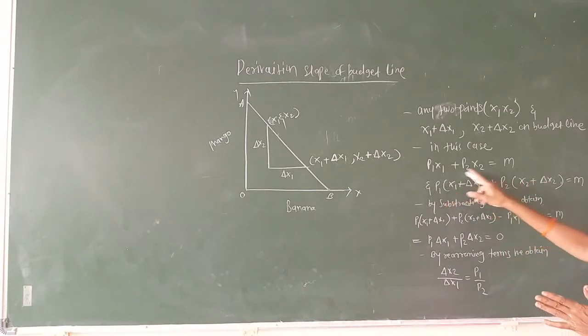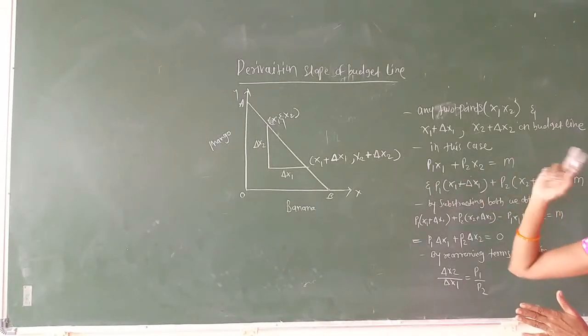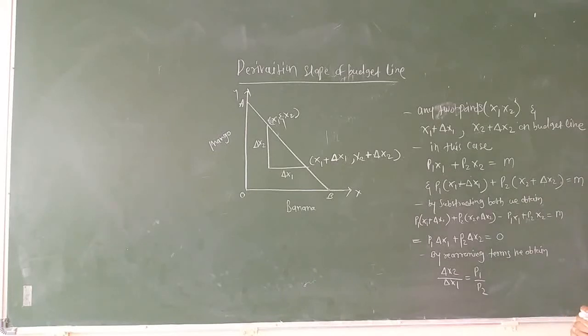We have explained this equation with the help of the diagram in the budget set. And P1 in bracket x1 plus delta x1 plus P2 in bracket x2 plus delta x2 is equal to M.